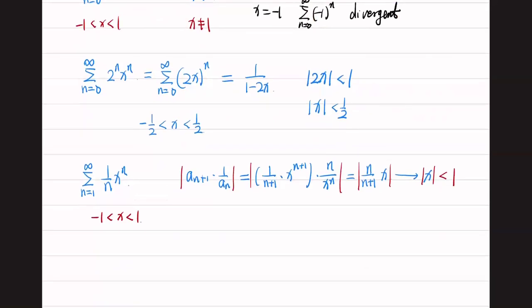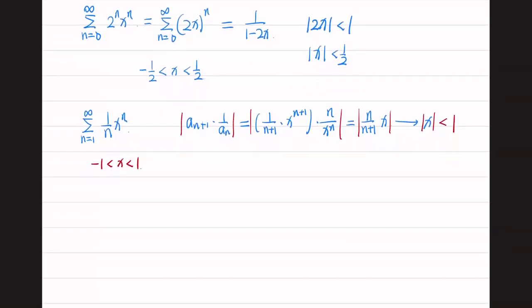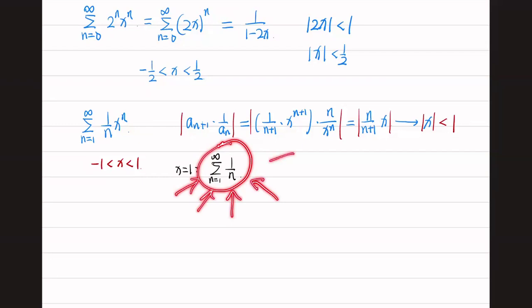Okay, now we move to this one. We will check the endpoint, x equals 1. Sophia, this one convergent or divergent? Neither. It cannot be neither. It's either convergent or divergent, or I don't know.